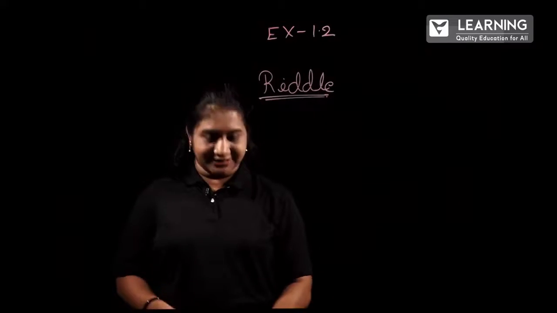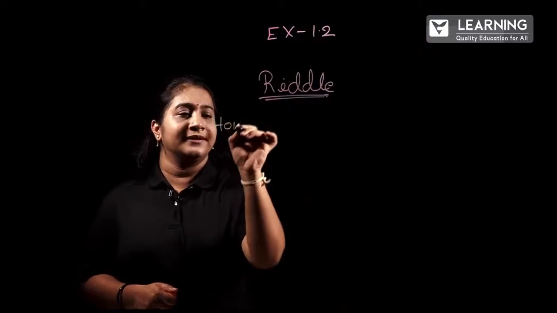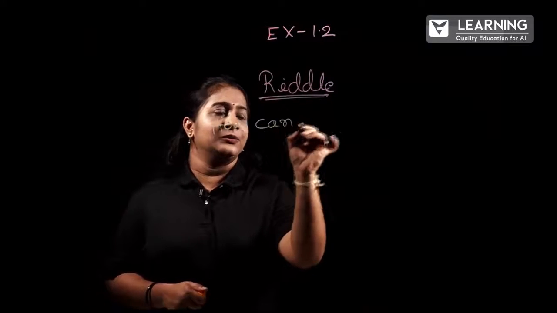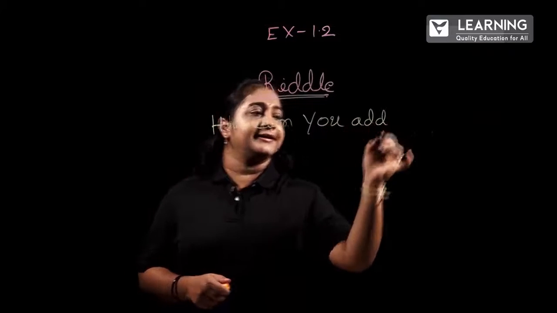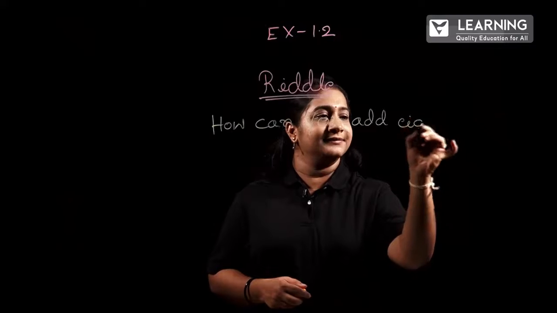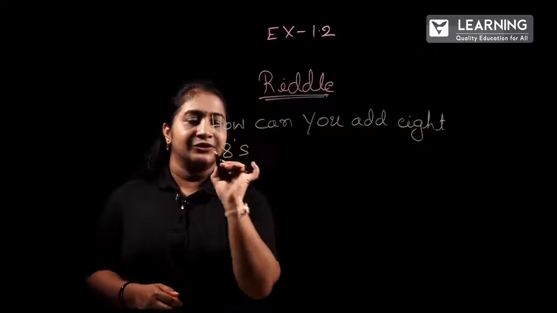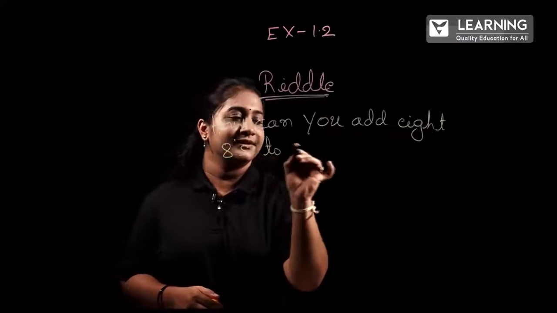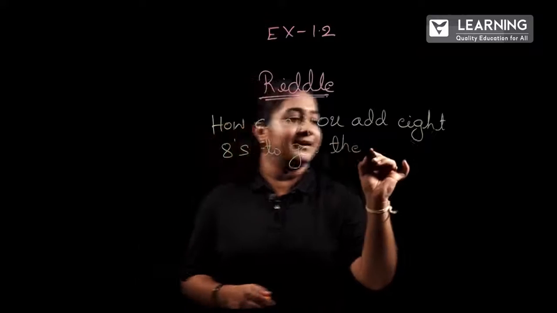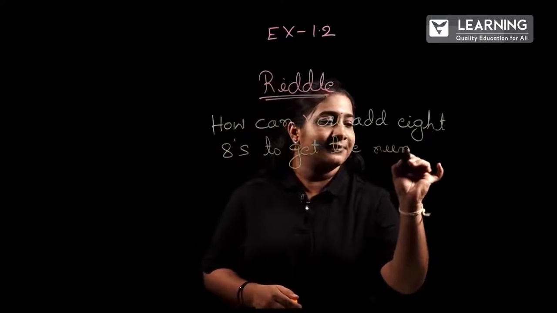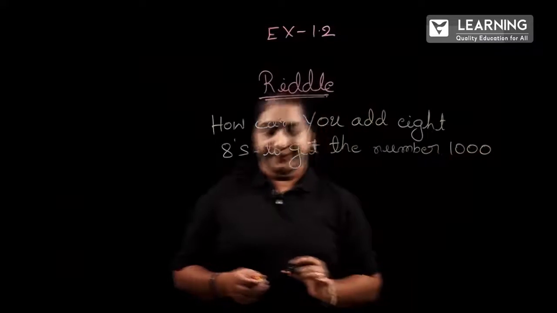See, the question is, how can you add 8 eights to get the number 1000?